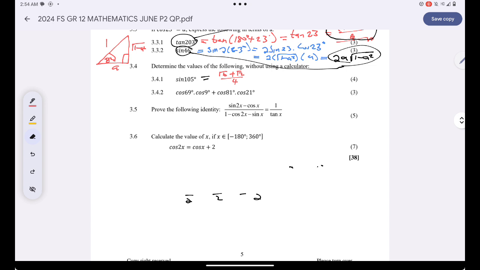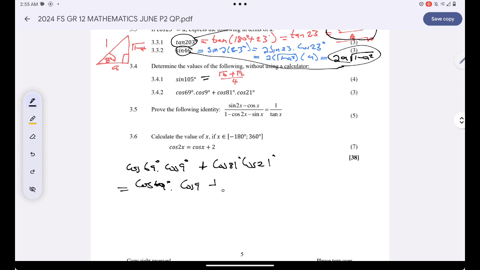And then now I must find the value of cos 69 cos 9 plus cos 81 and cos 21 degrees. Okay, it's cos 69 multiplied by cos 9 degrees plus cos 81 and cos 21 degrees.